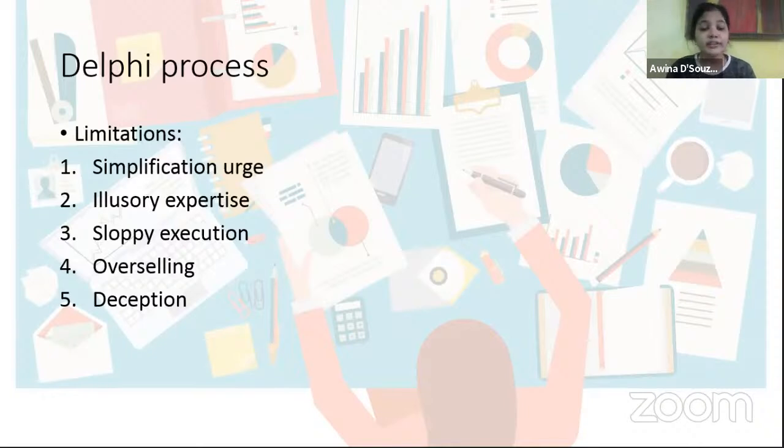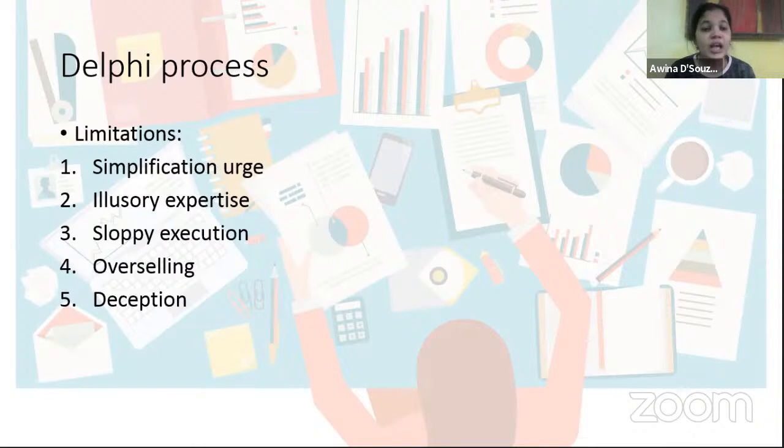Maybe they have different group sessions where similar people are called at the similar time, so it's not giving rise to any new theories. It's just the same thing repeated to the same panelists, and that's the process of overselling.